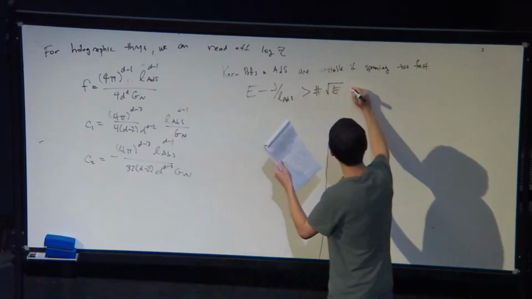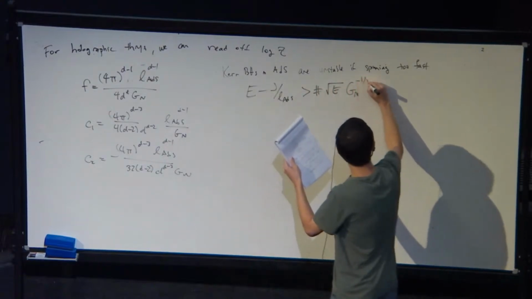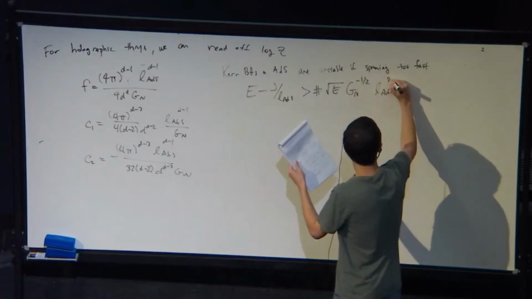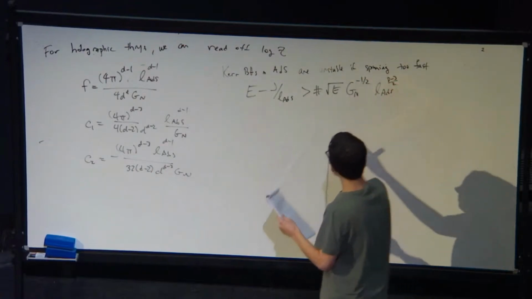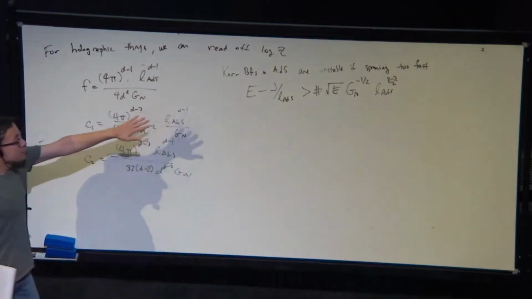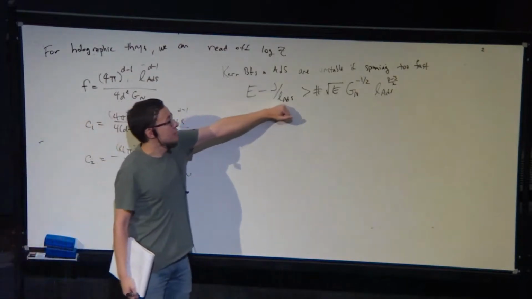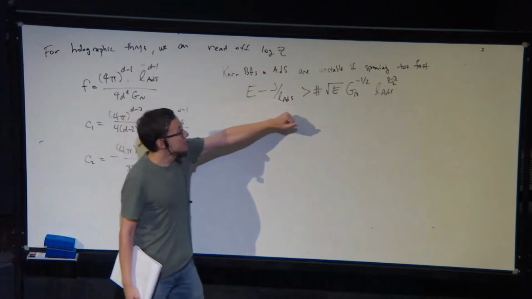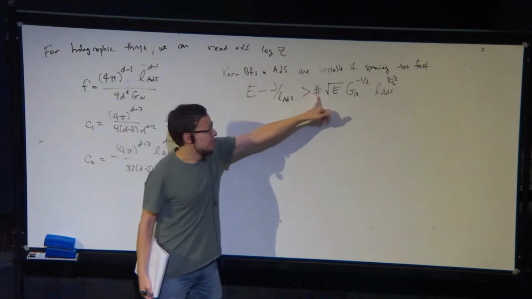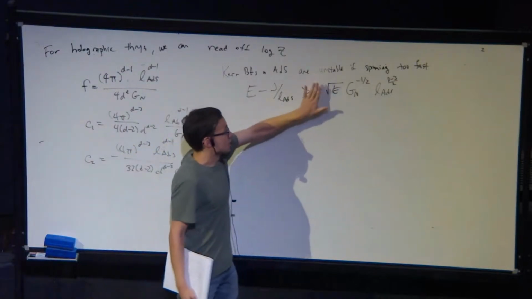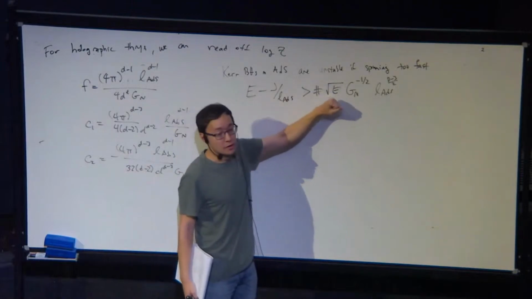So this is just a statement about classical GR. The black holes are stable if their mass, or their energy minus their angular momentum in appropriate units, is bigger than some order 1 number, which is I think 1 over square root of 2 or something, but it's not going to be important for this talk, times the square root of their mass.